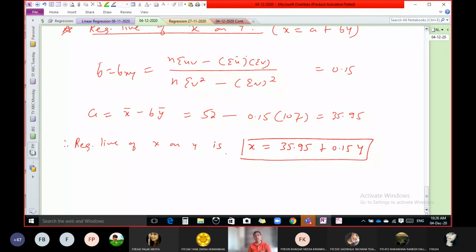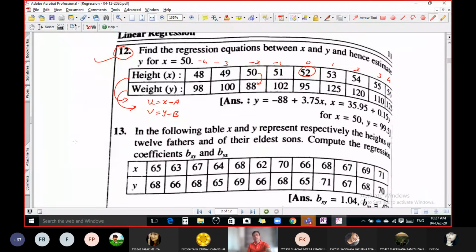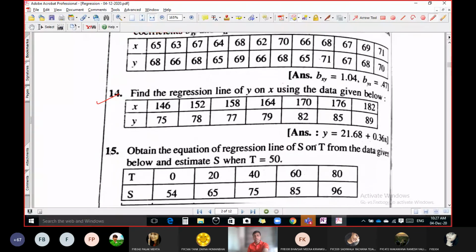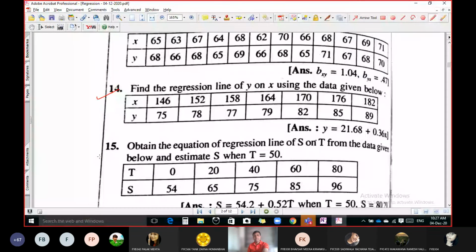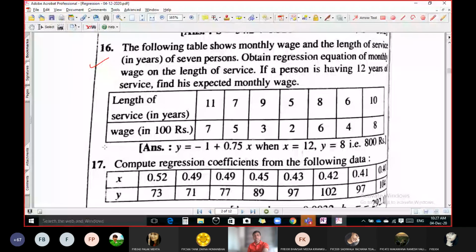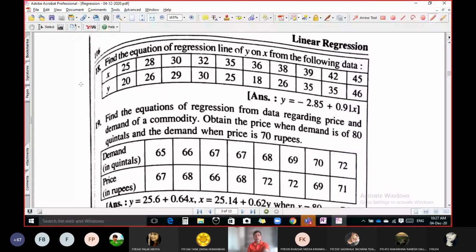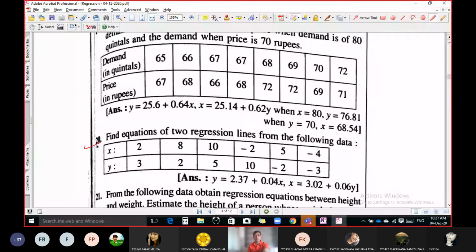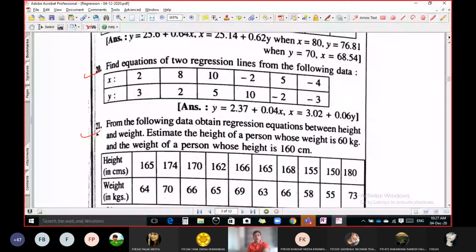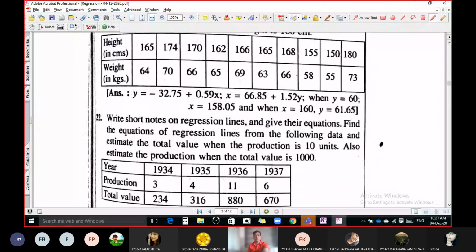So it is not difficult to find the regression line of x on y and y on x for this type of data. You can do all these questions, 13, 14, 15, 16, 17, 18, up to 24. You are able to solve all these questions by yourself.